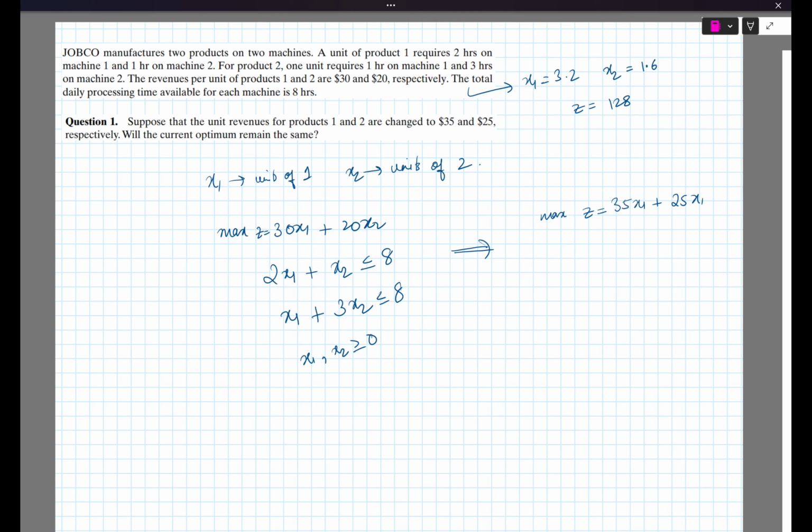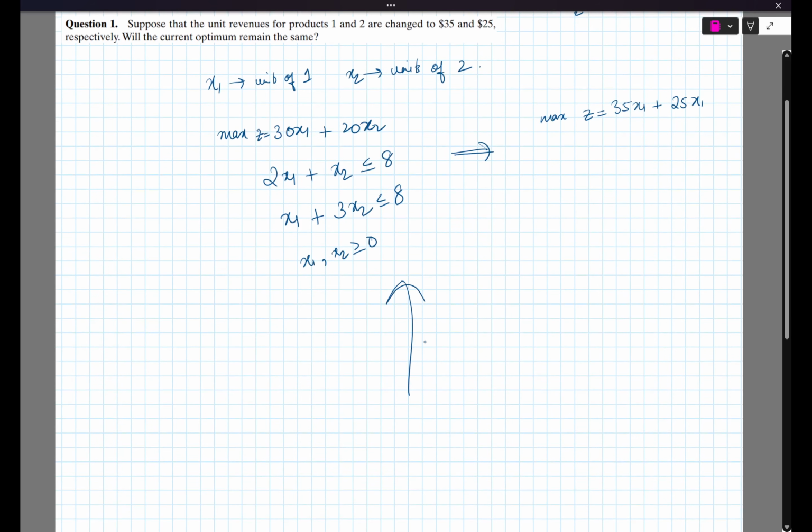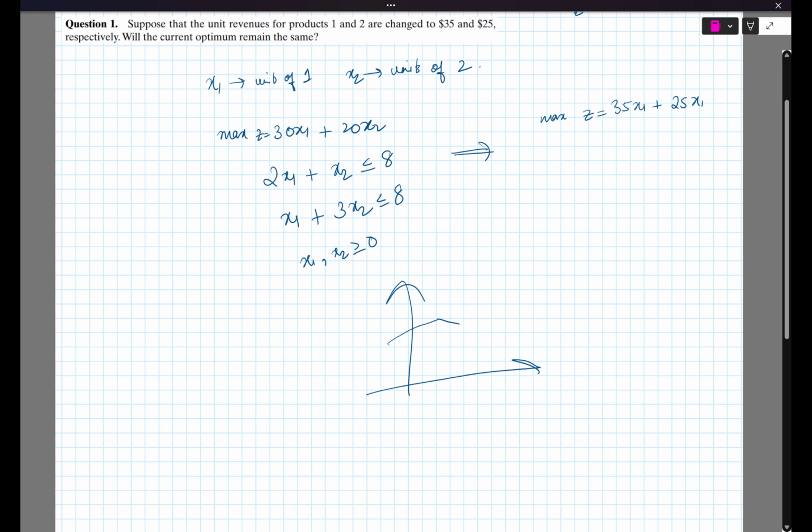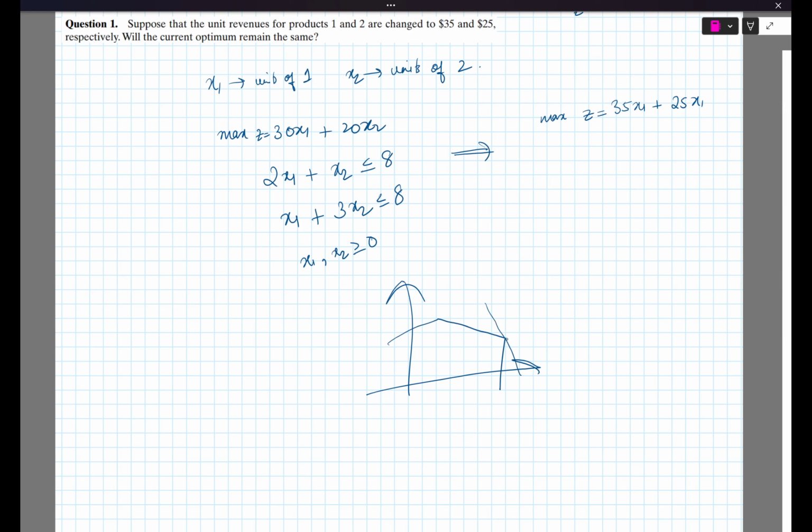Even if your feasible region may be the same, depending on how your objective function is, the corner point where it will be optimal could change. If the objective function is like this, then this could be the optimum, but if it is something like this, then this could be.